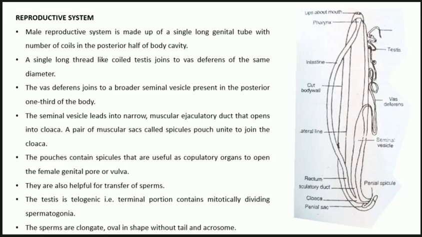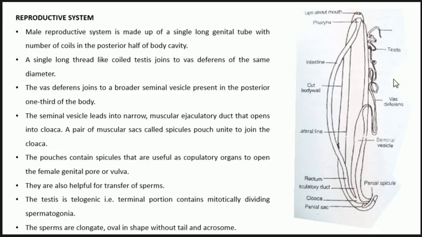So if you talk about a single long thread-like coiled testis joined to the vasa deferens of the same diameter, just look at this diagram. Here you have the testis, then you have the vasa deferens. This testis is joined to the vasa deferens and the diameter of this tube is similar.